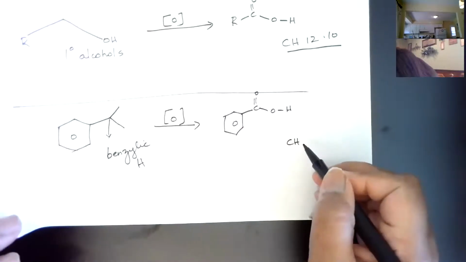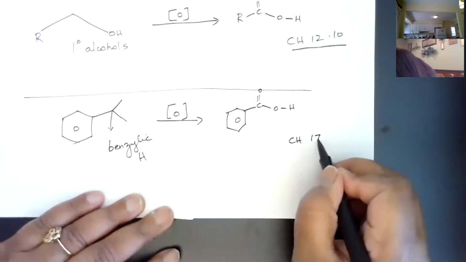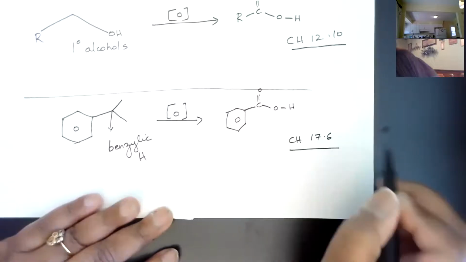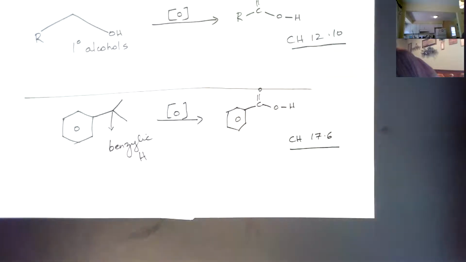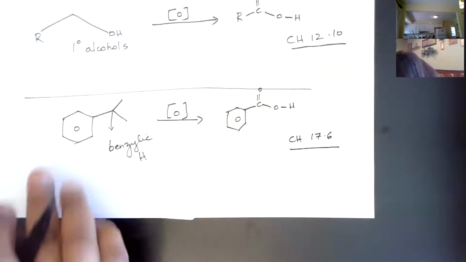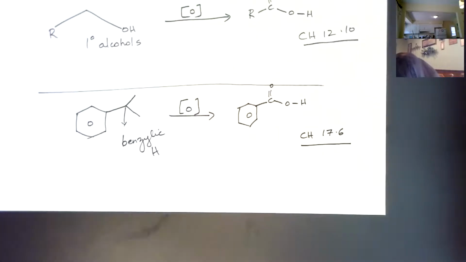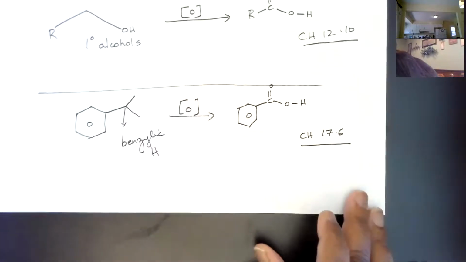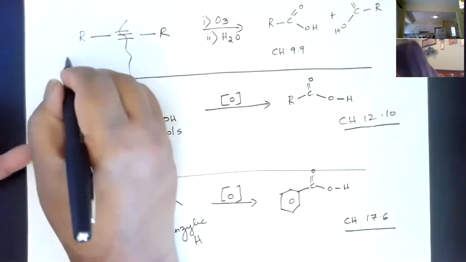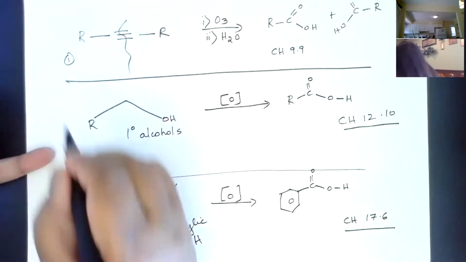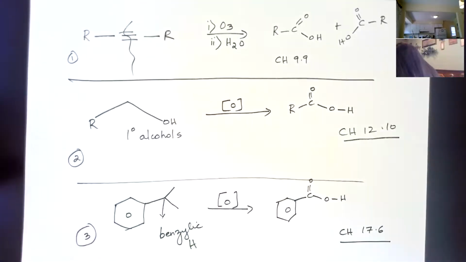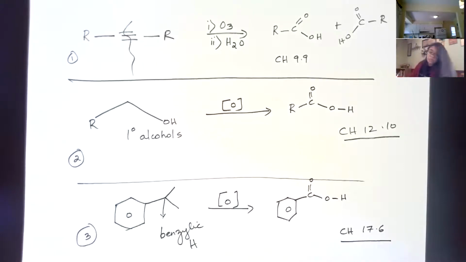This is 17.6. So you have to know these reactions is what they're saying. And then we have two more reactions that we're going to learn here. One I've already talked about. Okay, so you have 3 methods to make the acid.